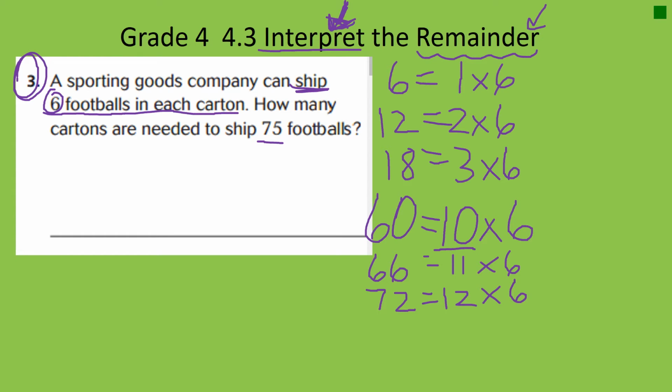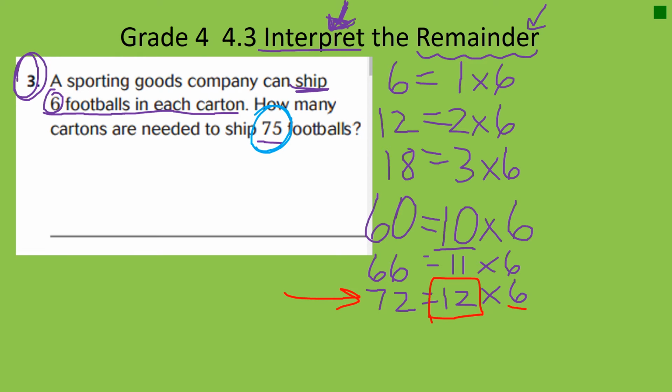Oh, and look, we only have 75 footballs. So another 6, let me see, 72 plus 6 more, 73, 74, 75, 76, that's 78. We don't even have 78 footballs, do we? Okay, so how many full cartons do we have? We have 12 full cartons of 6 footballs.